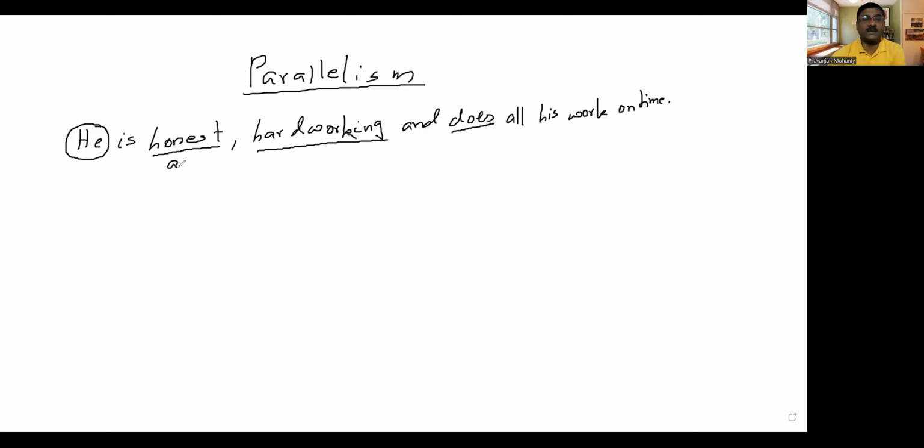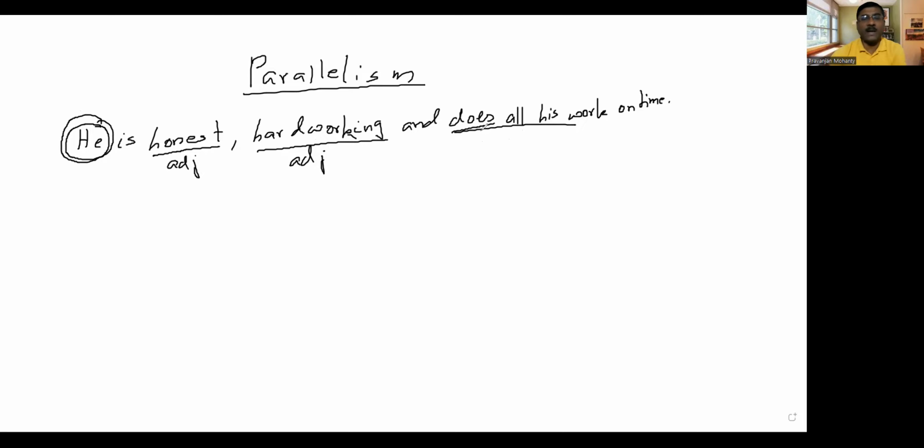This is an adjective, this is an adjective, and this also describes he, but it is not in adjective form. So that's why this sentence cannot be called parallel.